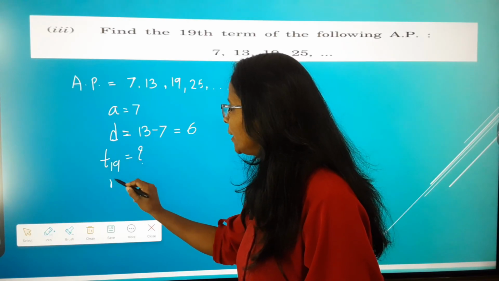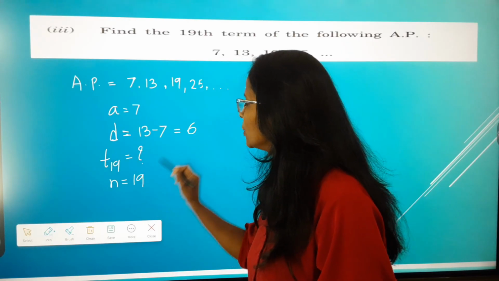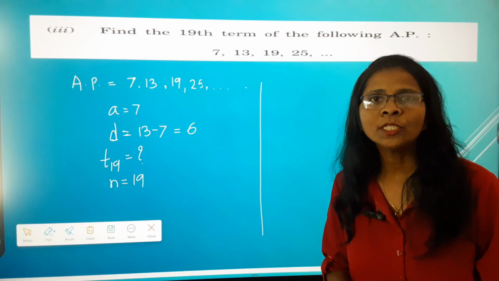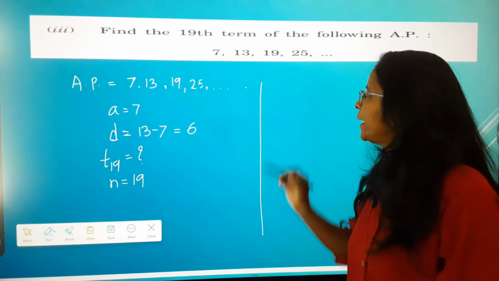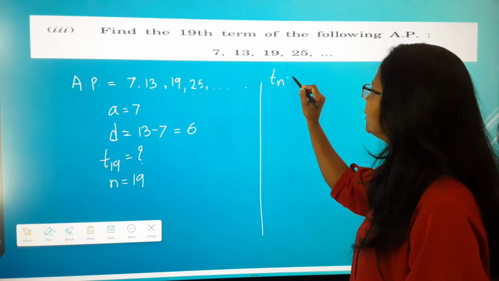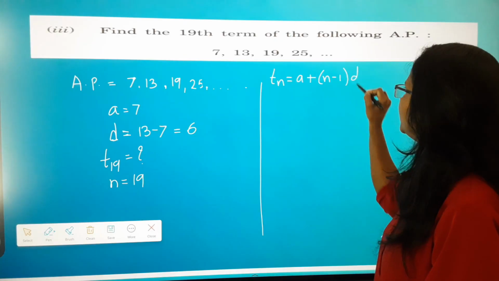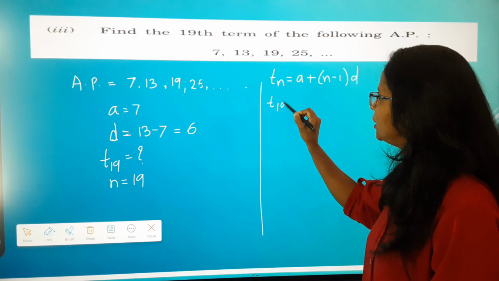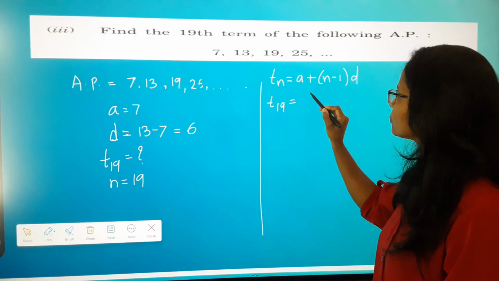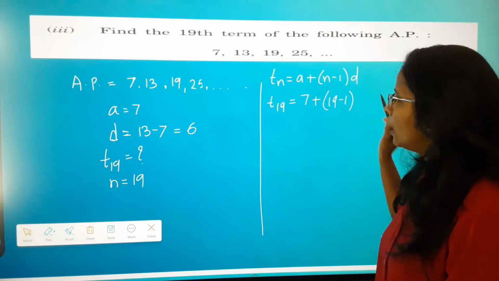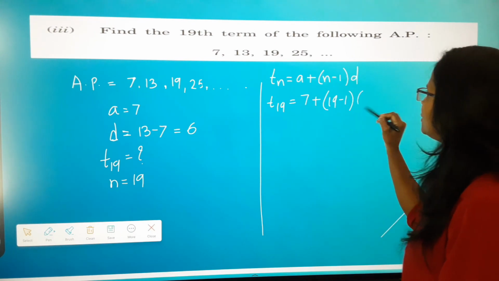Okay, and here n is equal to 19, students. So now here, students, we use the formula for Tn, that is Tn is equal to A plus n minus 1 D. So here T19 is equal to 7 plus 19 minus 1 multiplied by 6.